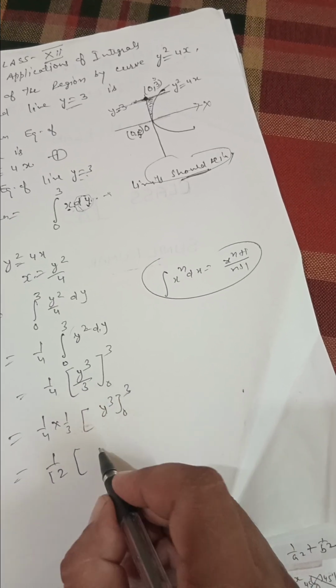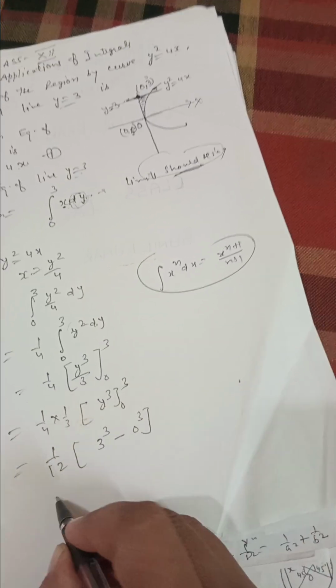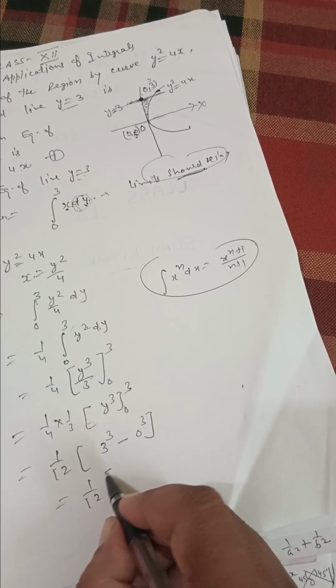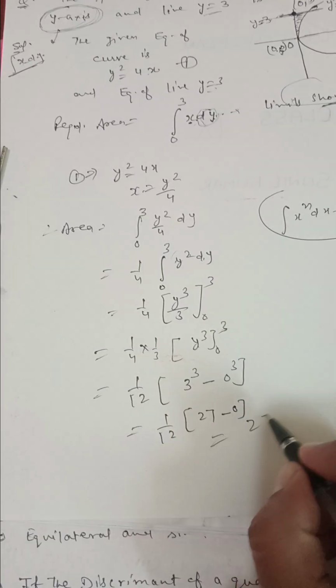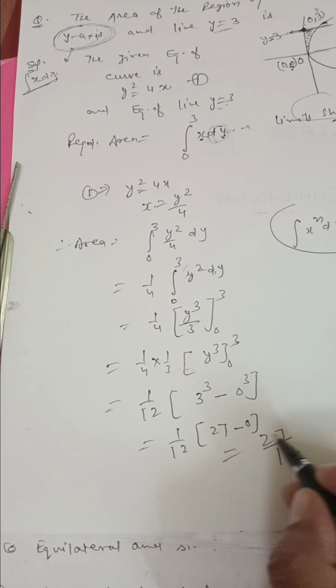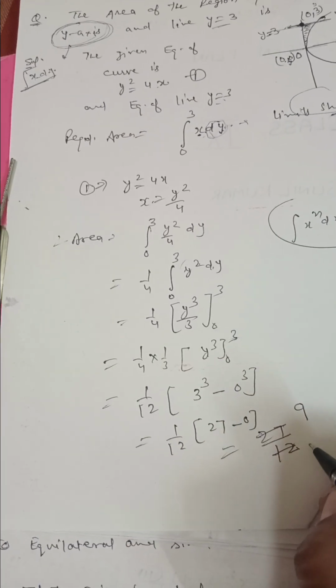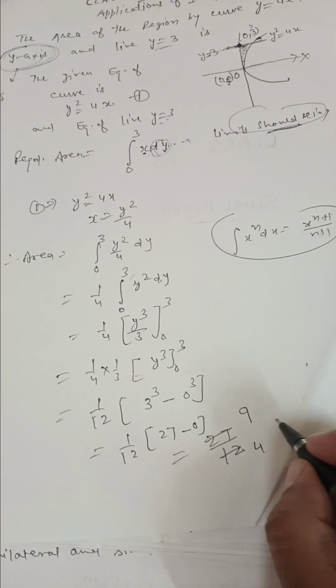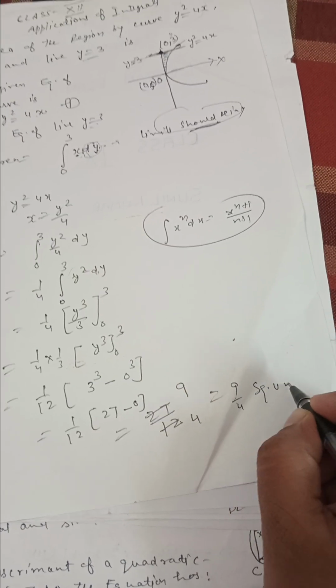Putting y equal to 3, 3 cubed minus 0 cubed, this equals 1 by 12 times 27 minus 0, which is 27 over 12. It cancels with 3: 9 and 4. This equals 9 by 4 square units.